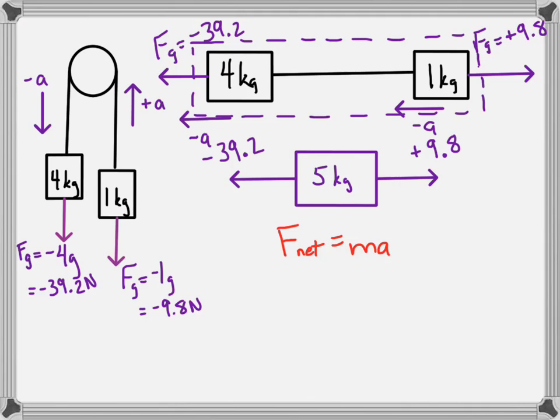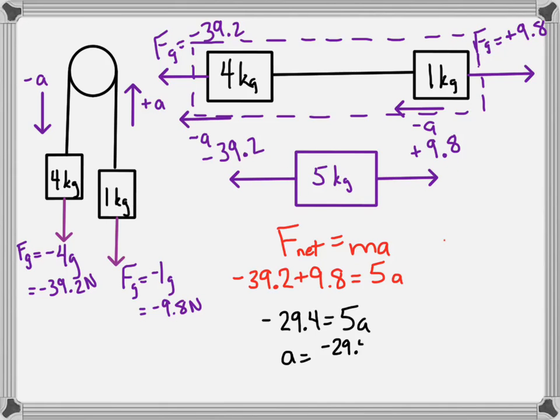And since I'm dealing with just one dimension, I can substitute in these two forces, and then solve to find the acceleration. And it turns out the acceleration of this block will be -5.88 meters per square second.